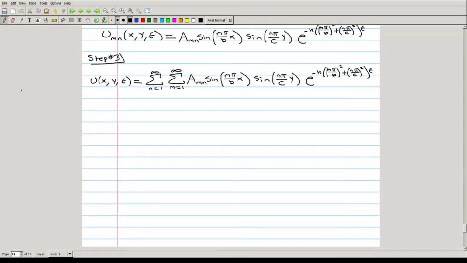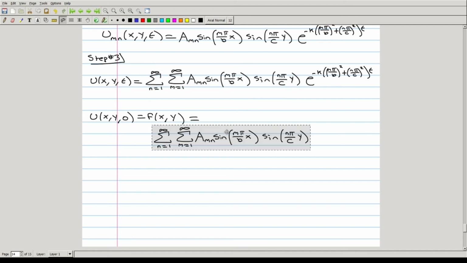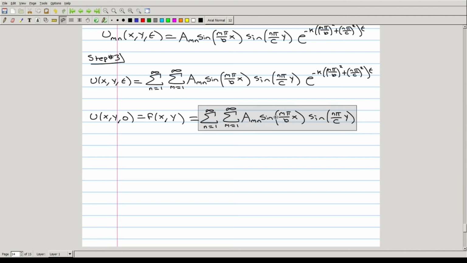And we can do that directly because we know that our initial condition is of the form of a function of x and y. And for this infinite summation right here, when t is 0, e to the 0 is 1. So we end up being left with this infinite summation right here.